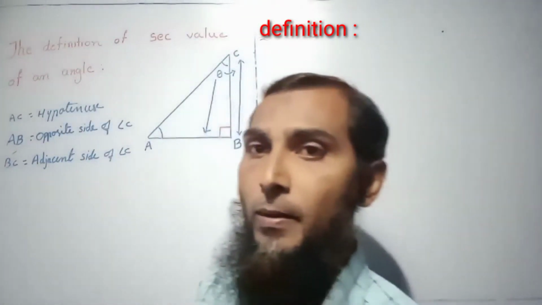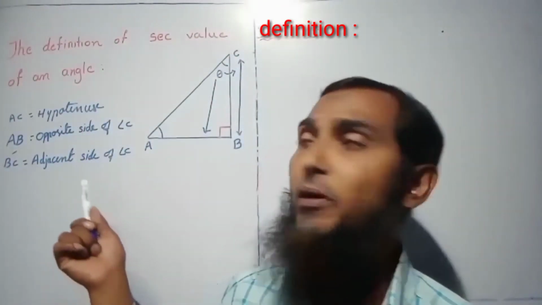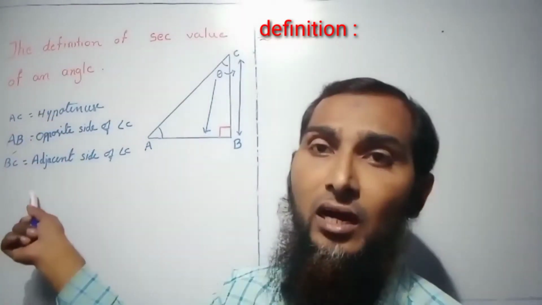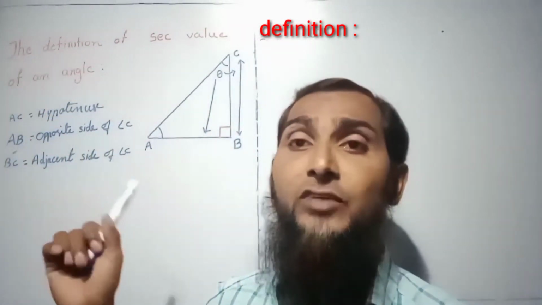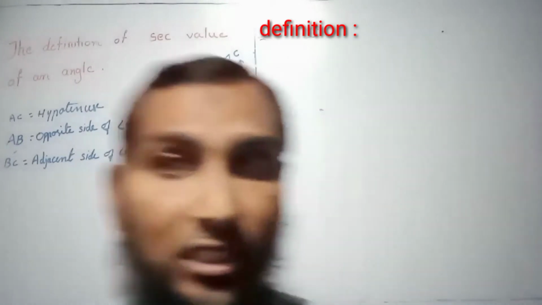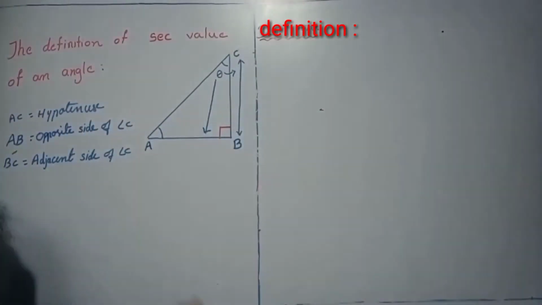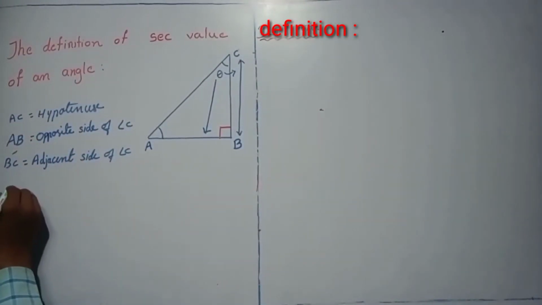Now with the help of these three sides I am going to write 6 different types of ratios. What are they?